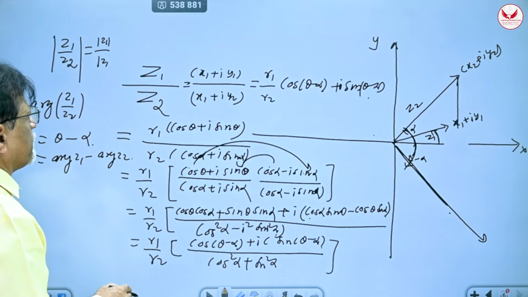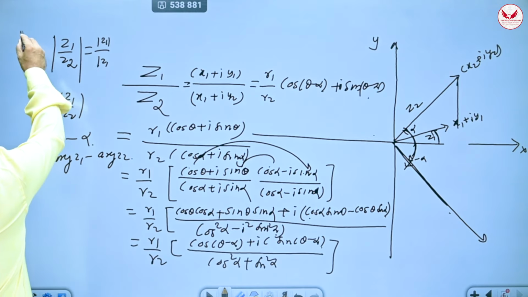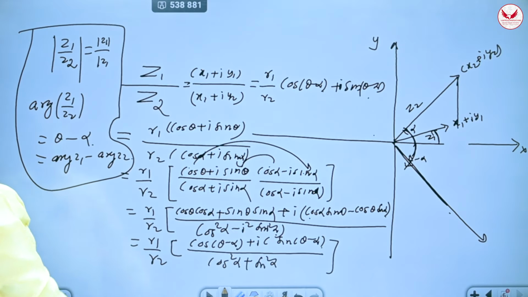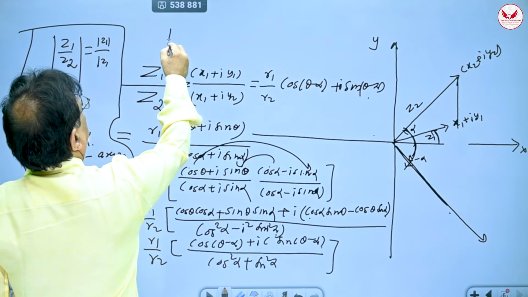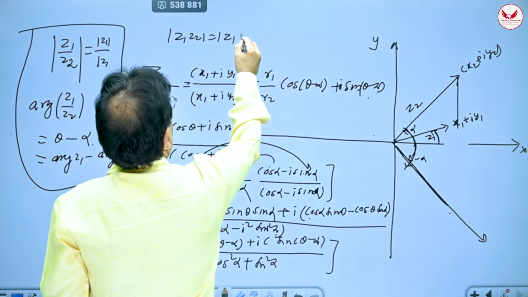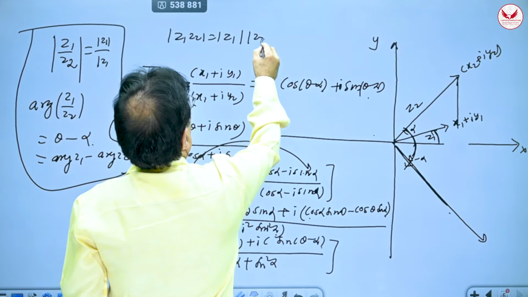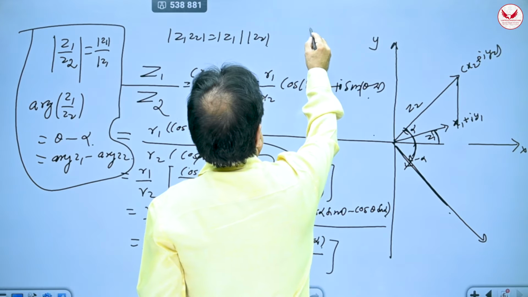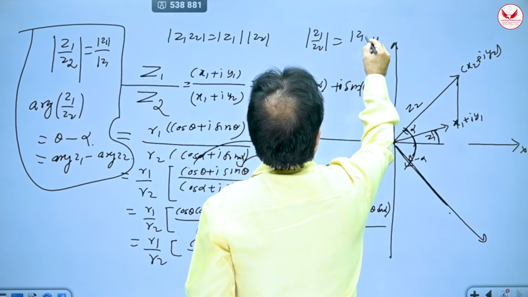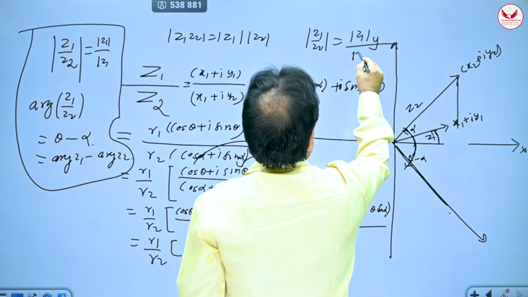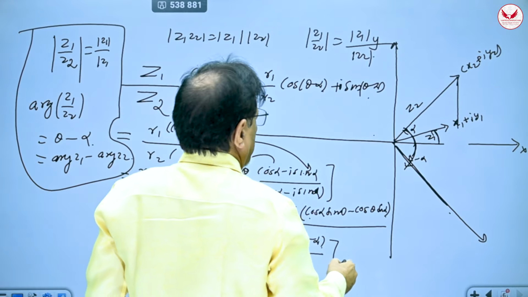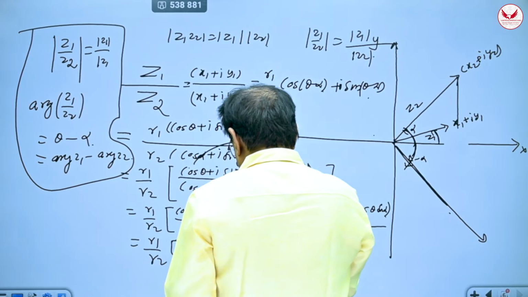What is important here is that these two results are absolutely marvelous. So we have learned one more important thing. Mod of Z1 Z2 is mod of Z1 multiplied by mod of Z2, whereas mod of Z1 upon Z2 is mod of Z1 upon mod of Z2. But argument has a different story altogether, right?